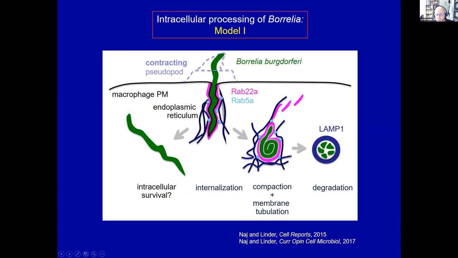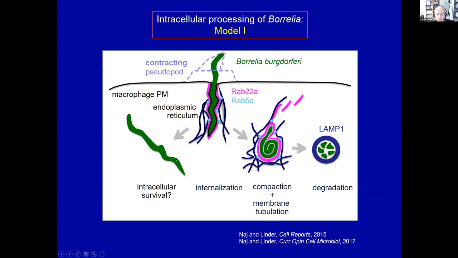And at sites where these RAP5 positive vesicles contact the phagosome, you get the formation of membrane tubules that lead to the shrinkage of the surface of the phagosome and the eventual compaction. And compaction is a necessary prerequisite for actual degradation of the Borrelia.